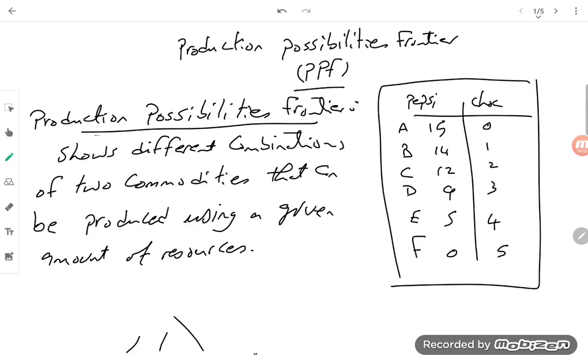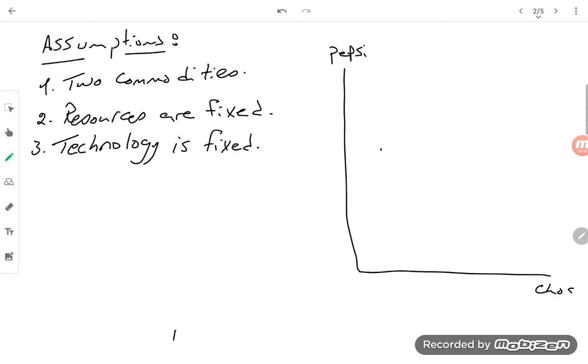Chocolate from 0 to 5 and Pepsi from 0 to 15. So it's 1, 2, 3, 4, and 5. This is 0. 2, 4, 6, 8, 10, 12, 14, and 16.